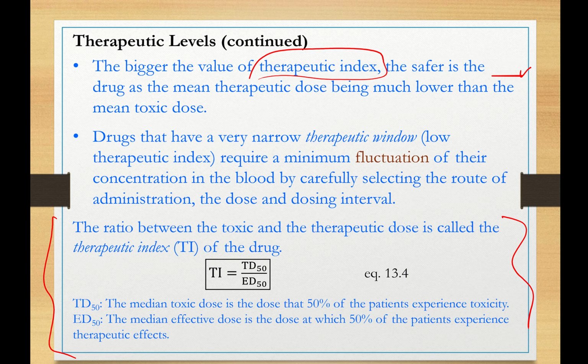Now, drugs that have a very narrow therapeutic window require a minimum fluctuation of their concentration in the blood by carefully selecting the route of administration, the dose, and the dosing interval. So obviously this fluctuation is very important for us to control because we do not wish to exceed, to go above the mean toxic concentration or go below the mean effective concentration, all right?